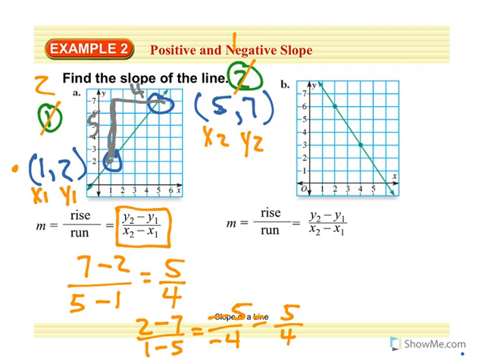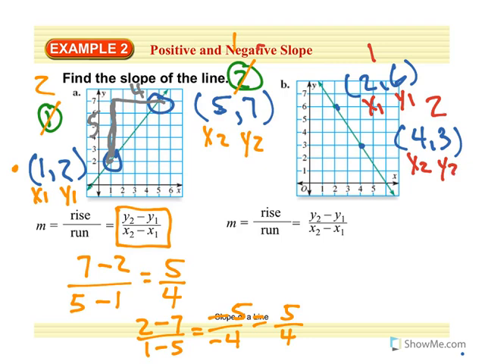So let's take a look here. I've got this point, which is (4, 3), and this point, which is (2, 6). Let's say I want to make this coordinate 1 and this coordinate 2. So that's my x1, that's my y1, and this becomes my x2 and my y2.